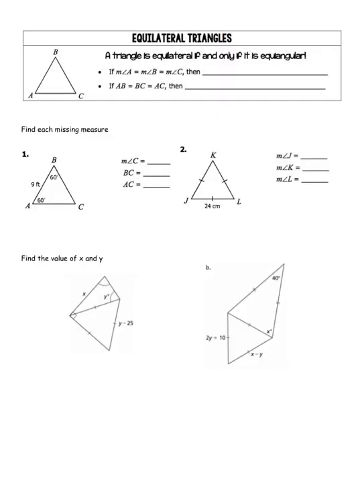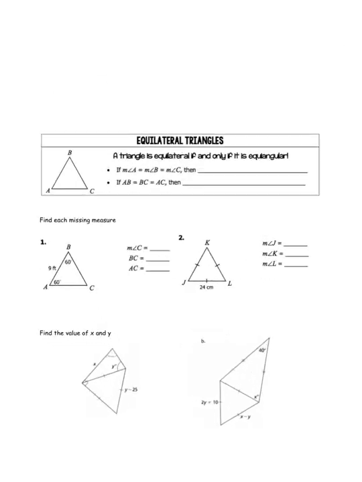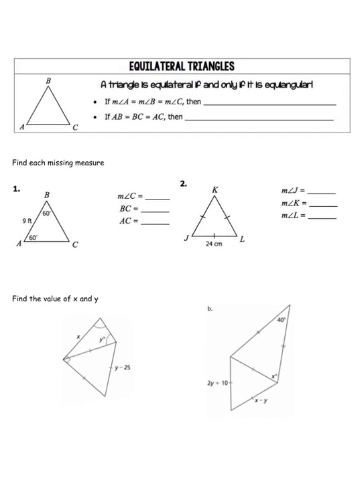All right, equilateral triangles. We've talked about equilateral triangles before. Equilateral triangles have equal sides and equal angles. So a triangle is equilateral if and only if it is equiangular. Equilateral means all the sides are equal. Equiangular means all the angles are equal.